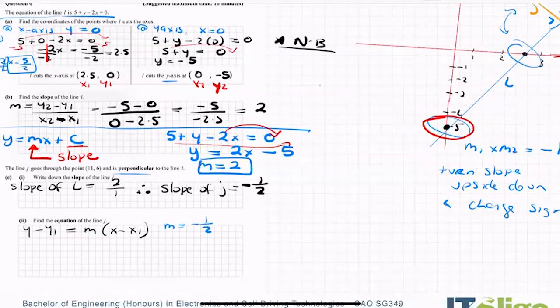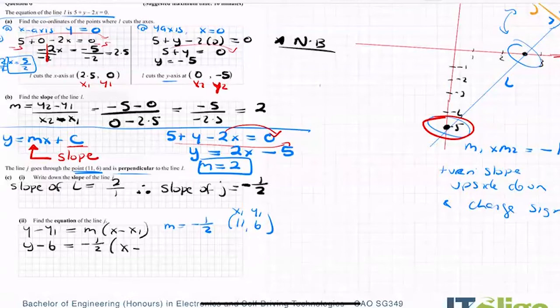Do I have a point on J? Well, I have to have a point somewhere if they're going to ask me this question. So search back and find where that point on J is hidden. Okay, so let's sub those pieces of information in. So y minus y1, which is 6, equals slope, minus a half, times (x minus x1). When there's a fraction in front of the slope, that bottom piece comes up here, and that's how we get rid of the fraction.